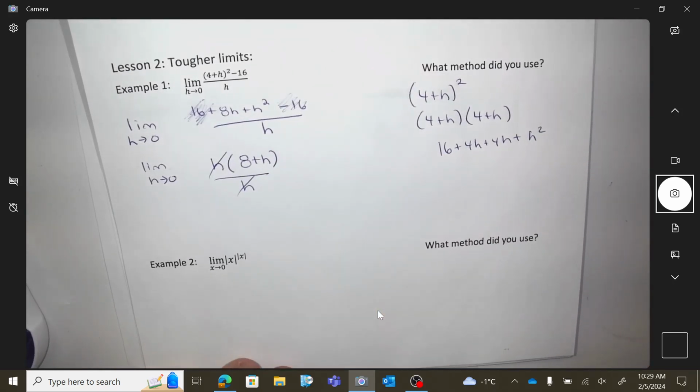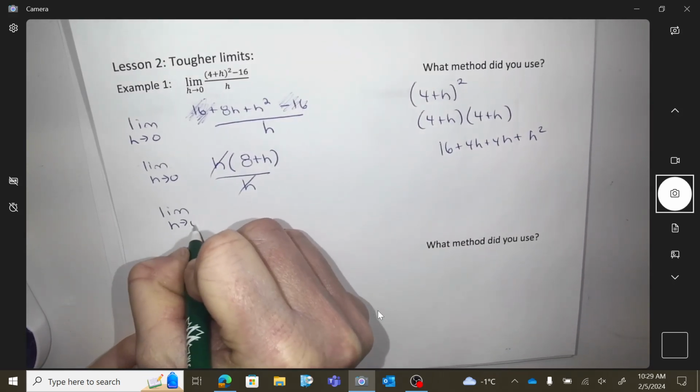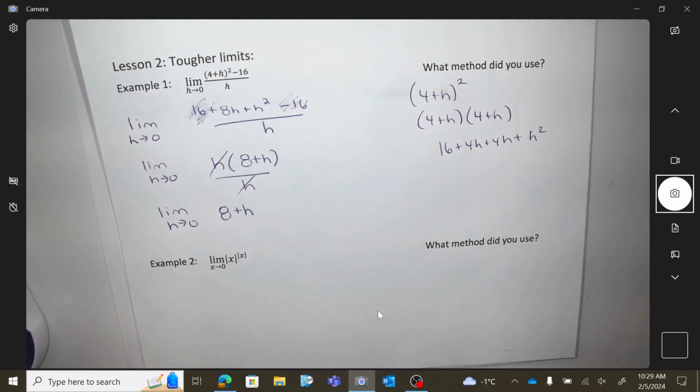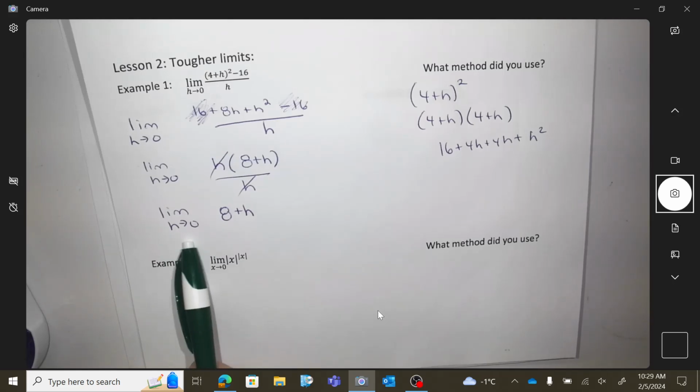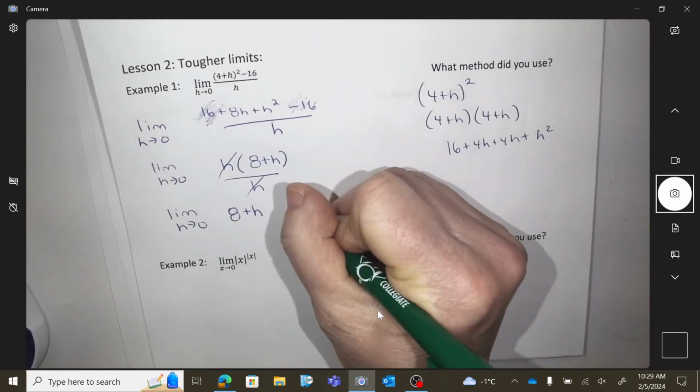Now that gets me to cancel something. And now I can do substitution here. Okay, so what happens now if I plug an h into this line? You get an 8.